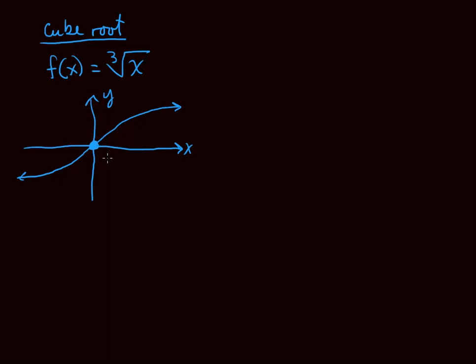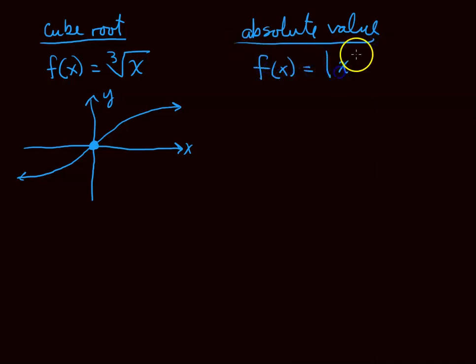And the last one that we're going to look at is the absolute value function. That's f of x equals the absolute value of x. Now that one is interesting also because it looks sort of like the squaring function, which may make sense since one definition of absolute value is the square root of x squared.